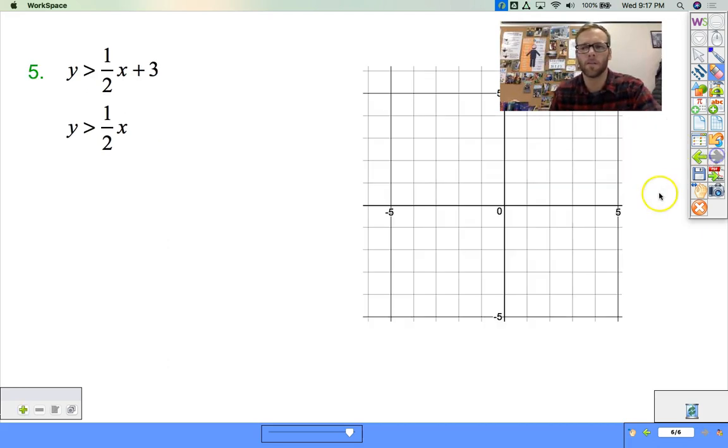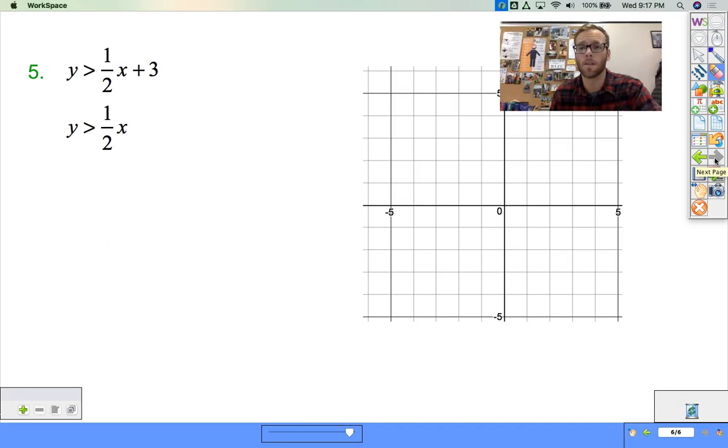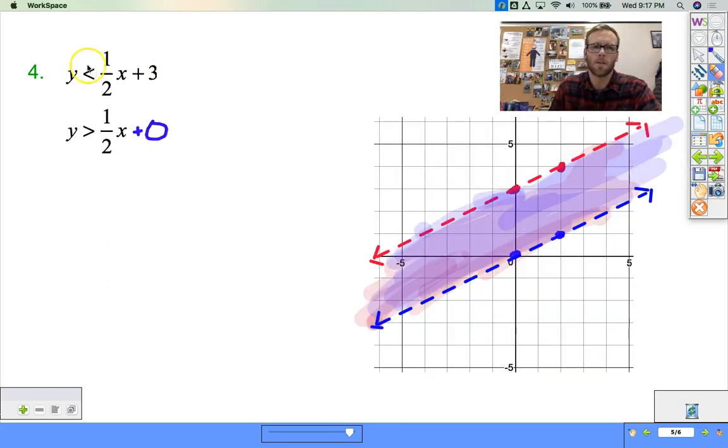Look at our next one. That's the same, isn't it? Isn't that the same? Okay, what's different? Okay, look carefully. What's different at this and on this one? Notice this was a less than. That was this red dashed line we shaded below.